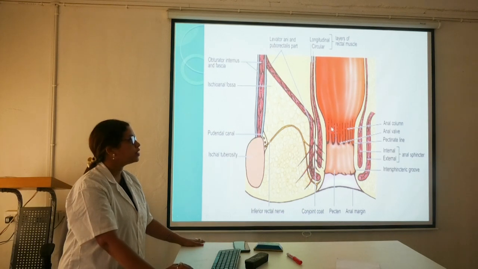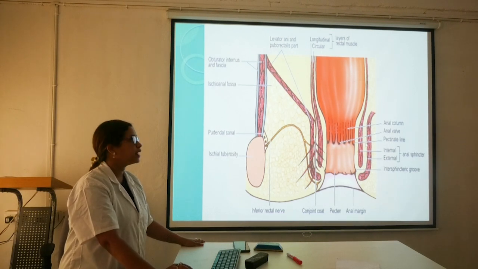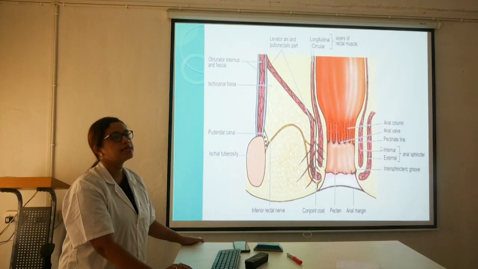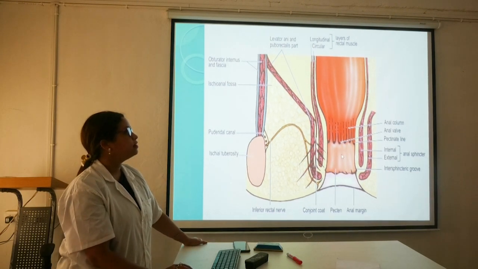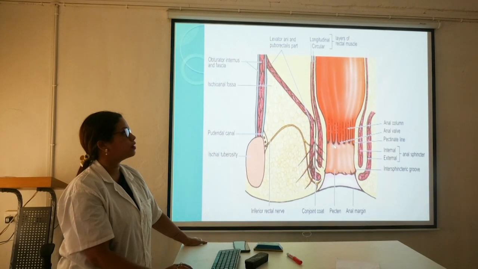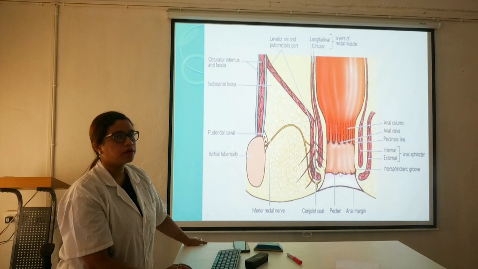And in between, this convex part is known as the anal column or column of Morgagni. But the spaces in between are known as the anal sinus. And which one is the white line? See, this one. So that would be between the pectinate line and the anoderm.